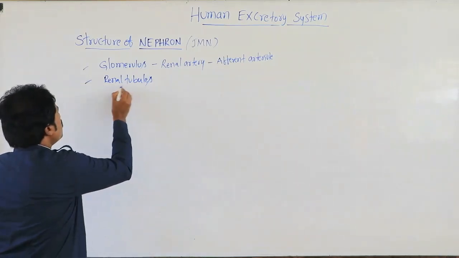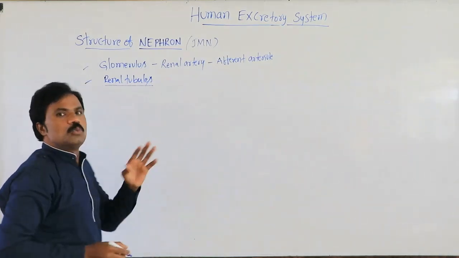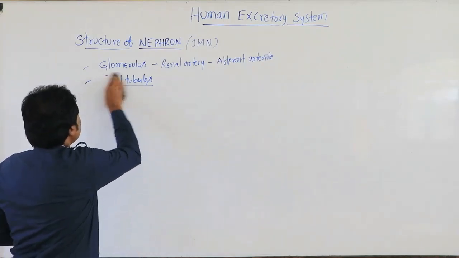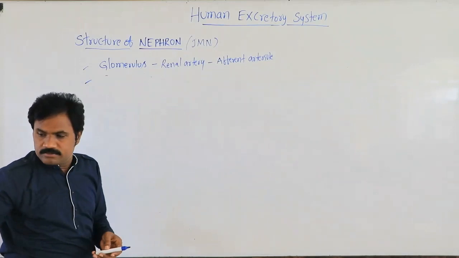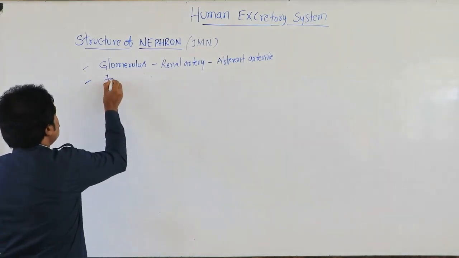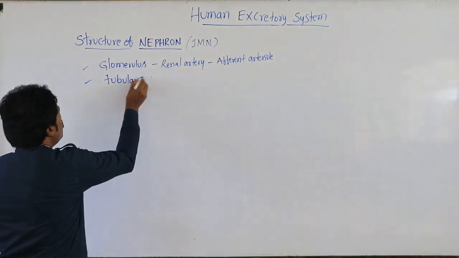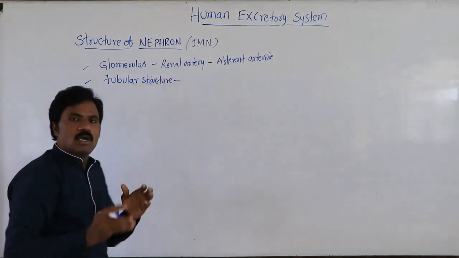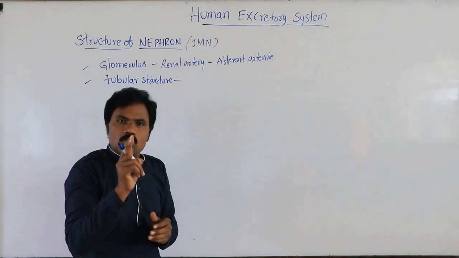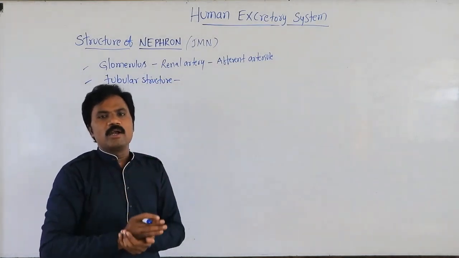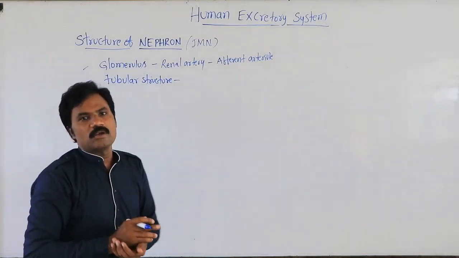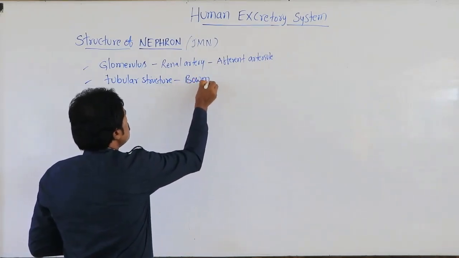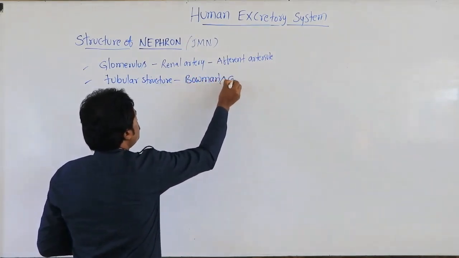Then another very important part, the renal tubules, the tubular structures. What are the tubular structures present? One is the double membrane bounded cup-like structure, that we call Bowman's capsule.